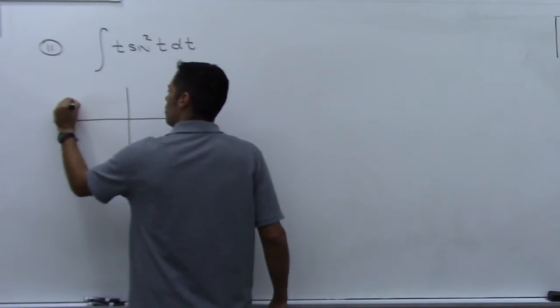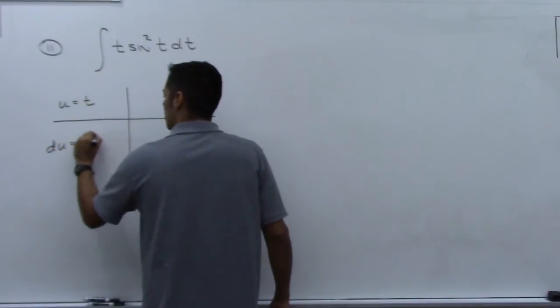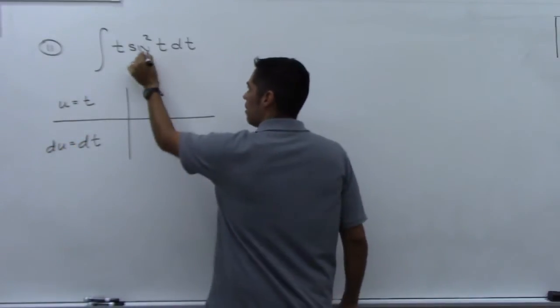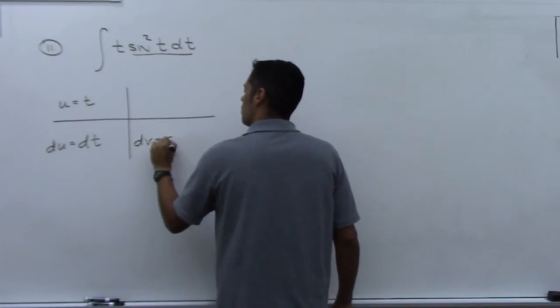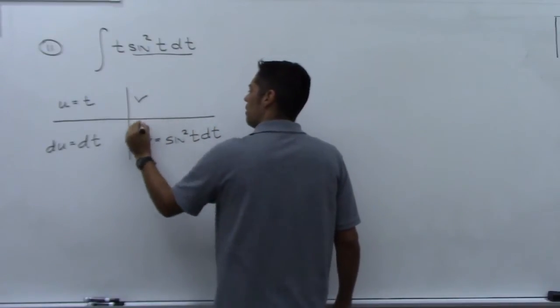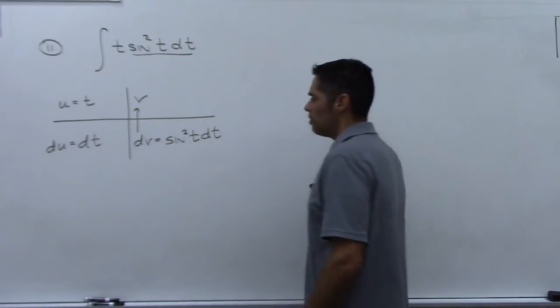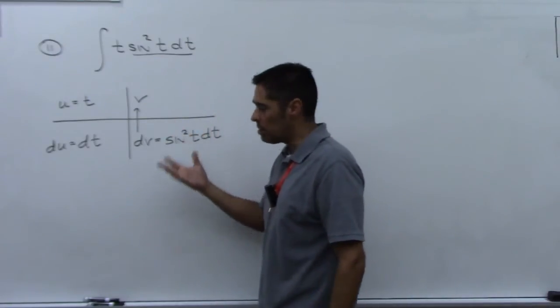I'm going to let u be t because du is dt and that's nice. Here though I would have to let everything else be dv, which would be the sine squared t dt. And now I've got to figure out what v is, which means I have to integrate that. And that's not an easy integral that we know mentally.